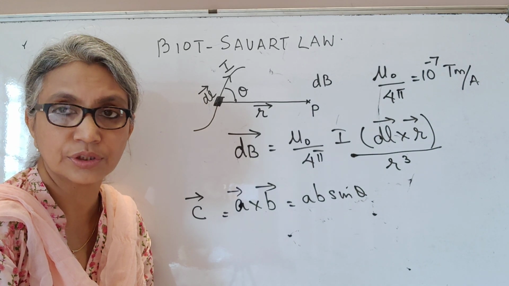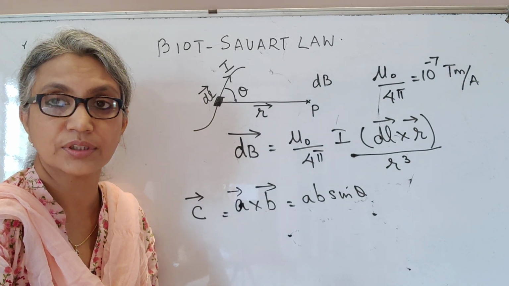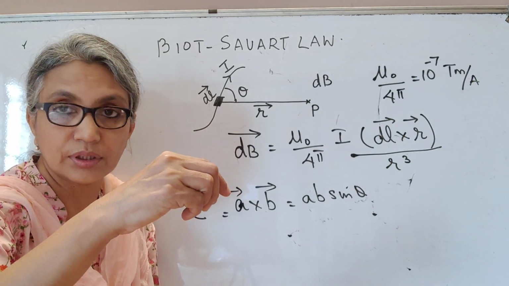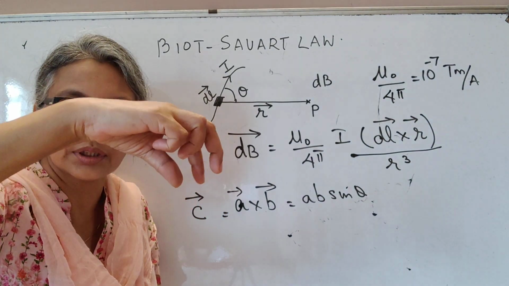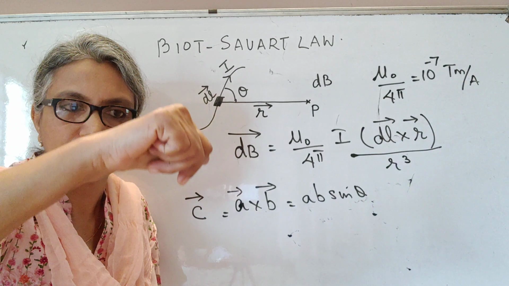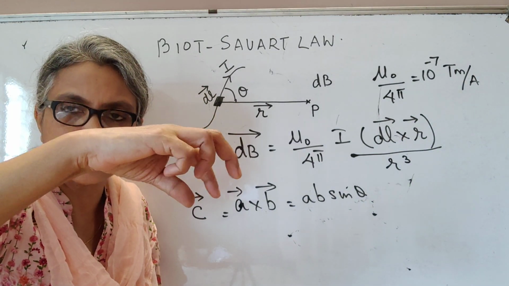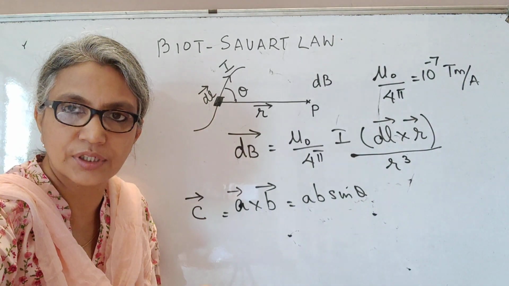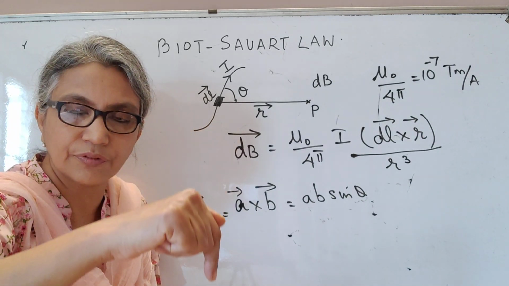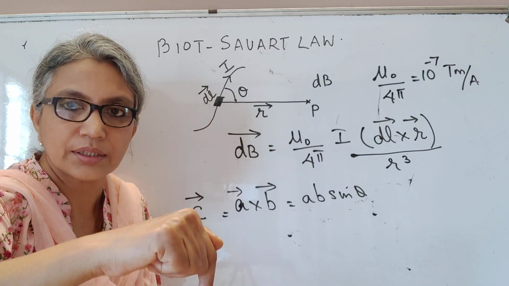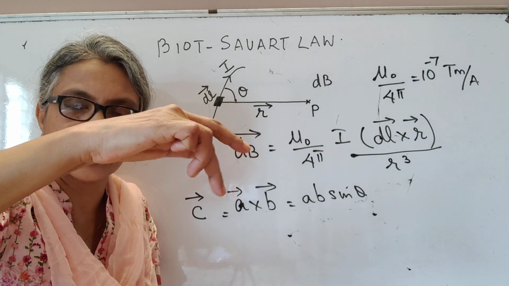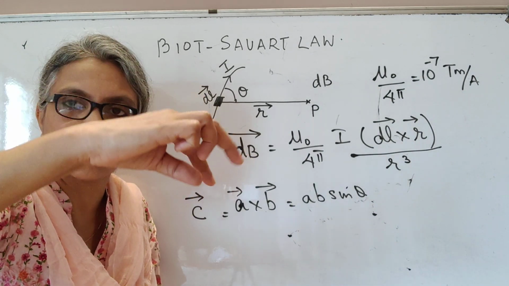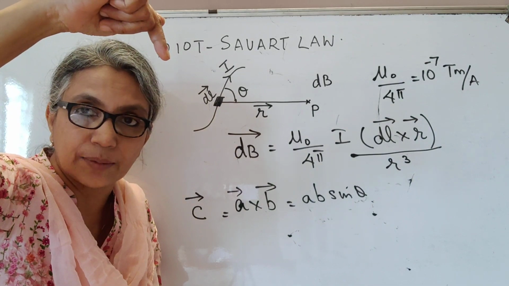It also has a direction. I hope you remember the direction is given by the right hand screw rule. That is, if you hold a screw in your right hand and you turn it from A to B, let's say you're turning it clockwise, then the tip of the screw moves down, which means that the resultant vector also moves down. Similarly, if you're opening it, meaning you're turning it in the anti-clockwise direction, then the tip moves up.